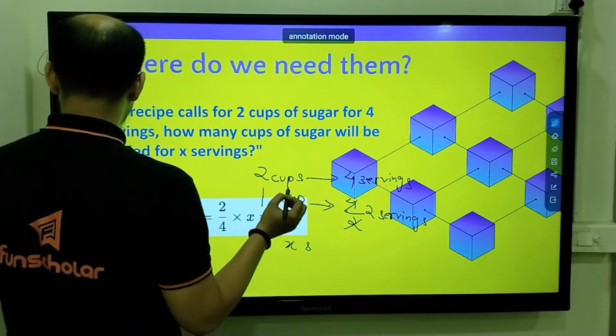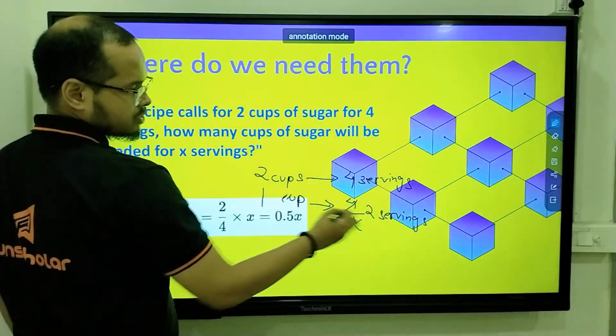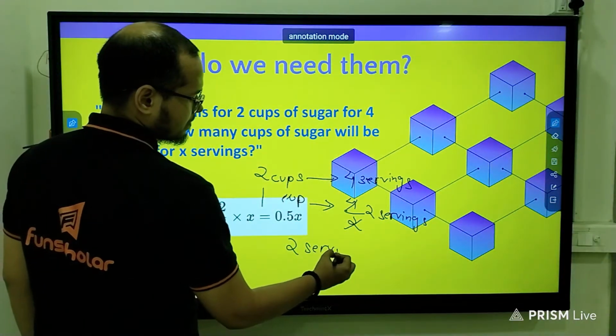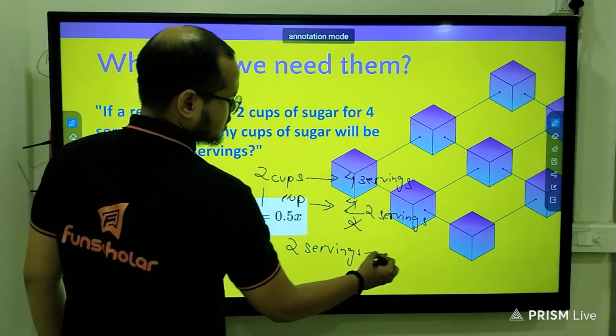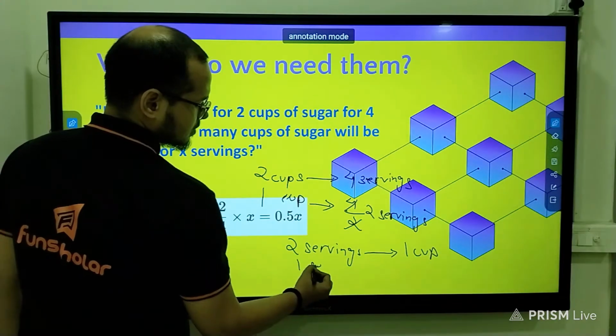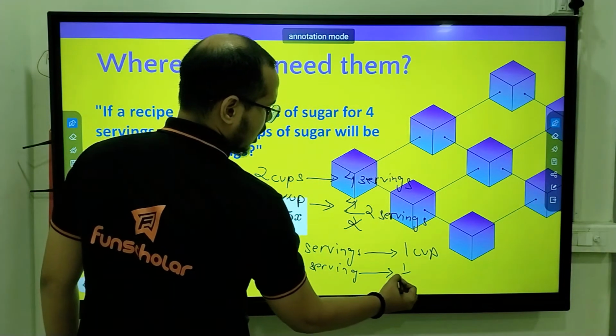Now this is where we have to understand. 1 cup is equal to 2 servings, so we can also write that 2 servings is equivalent to 1 cup. So 1 serving is equivalent to half cup.